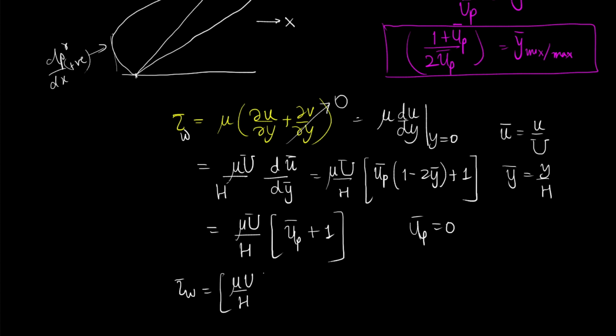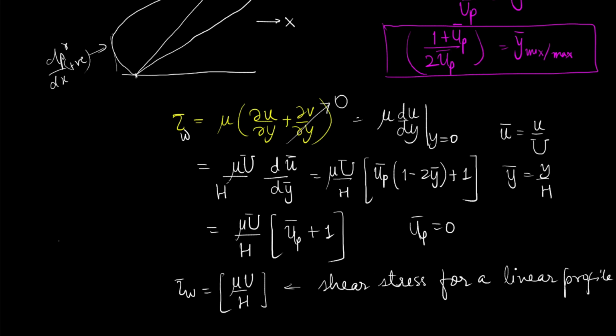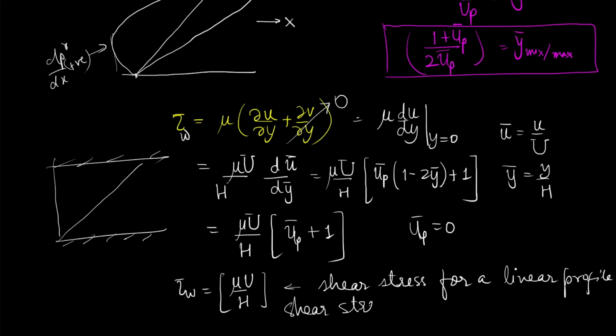So this is simply the shear stress for a linear profile. And as you can imagine, if you have a linear profile, the slope is constant throughout the domain, and so this is the value of the shear stress everywhere.